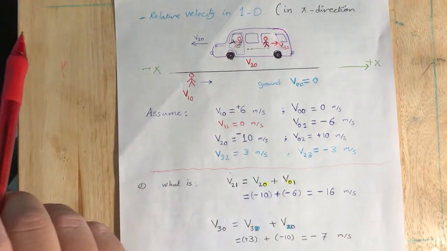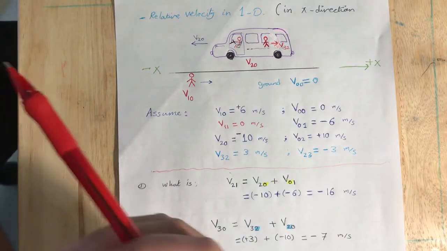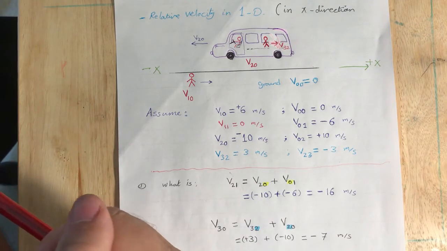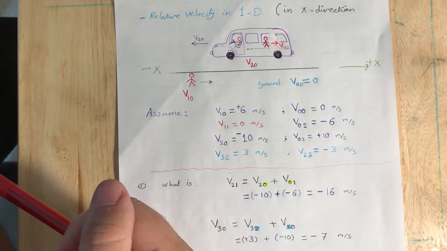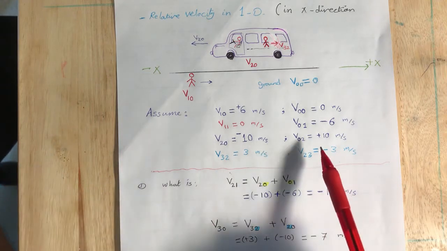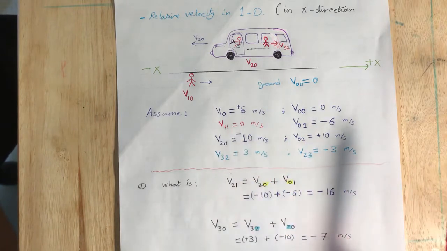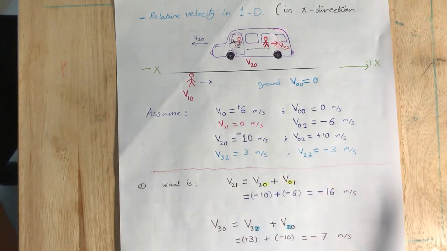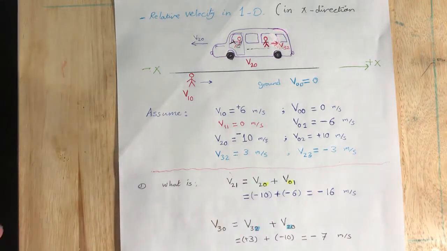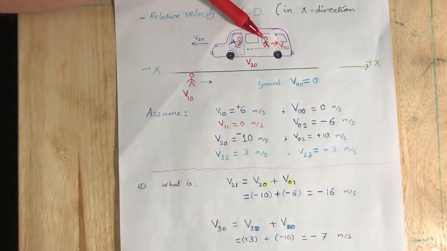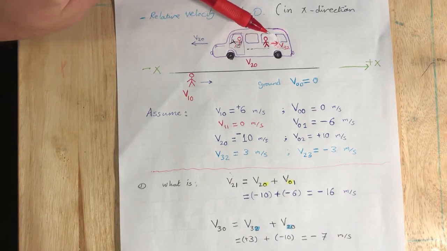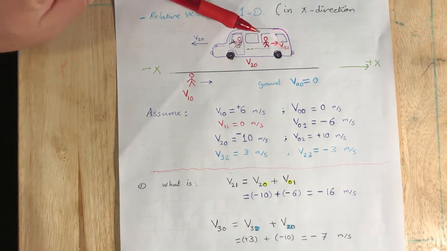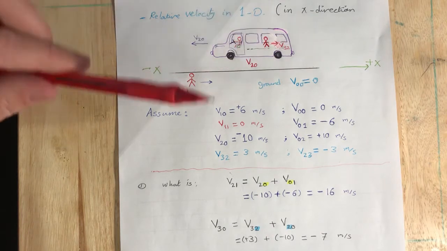So if we are sitting in a car and the car is moving to east, and if we look at the ground outside the car, we will see it moves to the west with the same velocity. East and west, positive and negative, the same velocity, 10 and 10. Now if we have a person walking inside the bus, for example to the positive x direction, this person is named 3, its velocity v3, but his velocity with respect to the bus is v32.